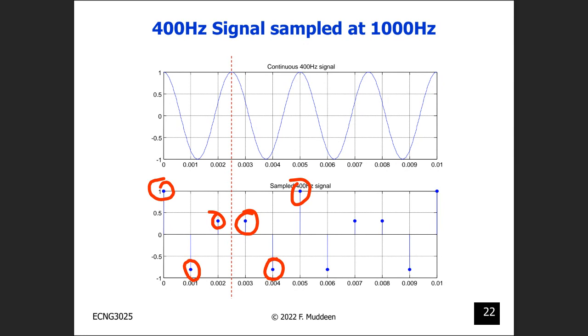So in other words, if I do the same manipulation, 1,000 divided by 400 is 2.5. So clearly by sampling it this way, I'm not getting the same number of samples in each period.